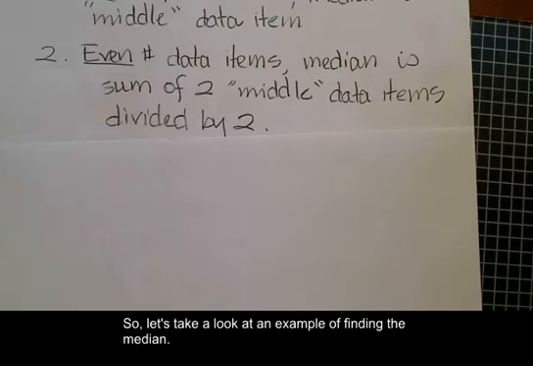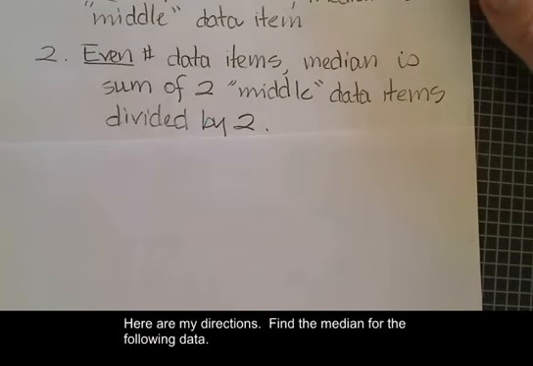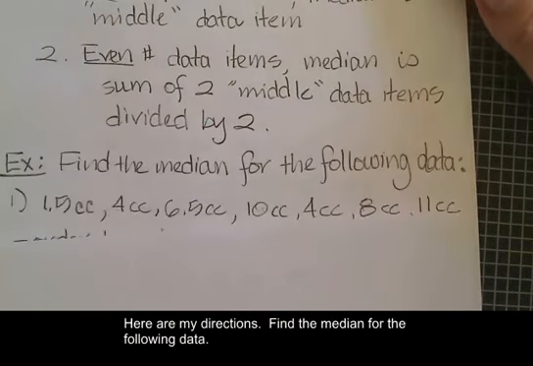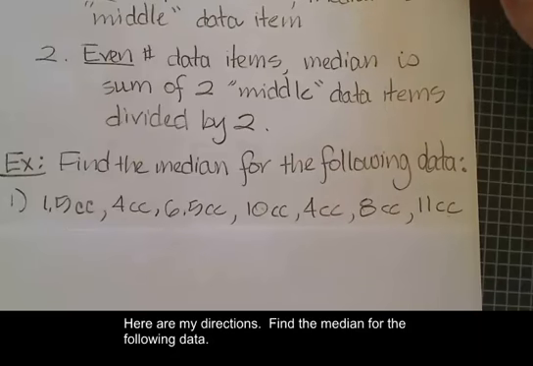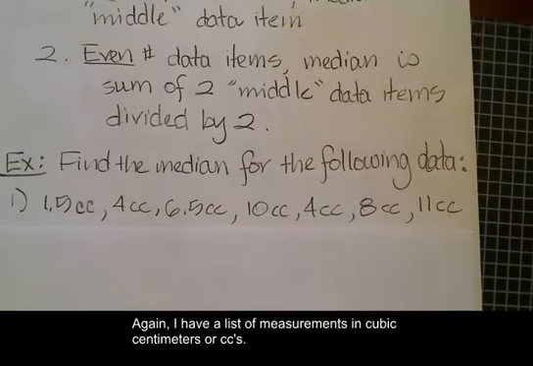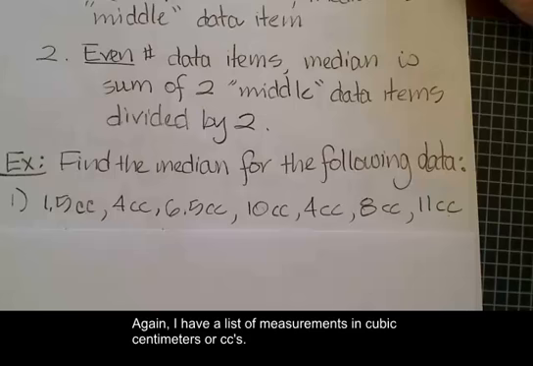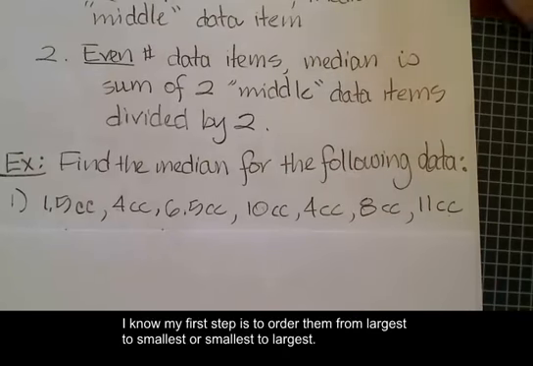Let's take a look at an example of finding the median. Here are my directions: find the median for the following data. Again, I have a list of measurements in cubic centimeters, or cc's. My first step is to order them from largest to smallest or smallest to largest.